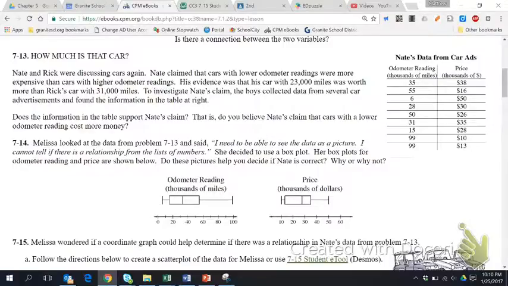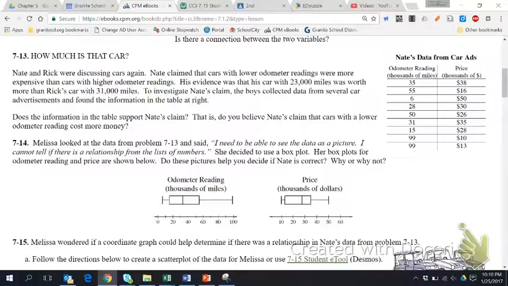To investigate Nate's claim, the boys collected data from several other car advertisements and found the information in the table at the right. Does the information in the table support Nate's claim? That is, do you believe Nate's claim that cars with lower odometer readings cost more money?